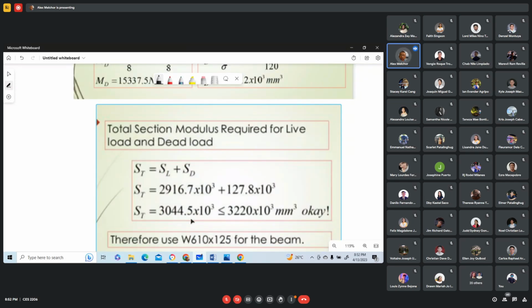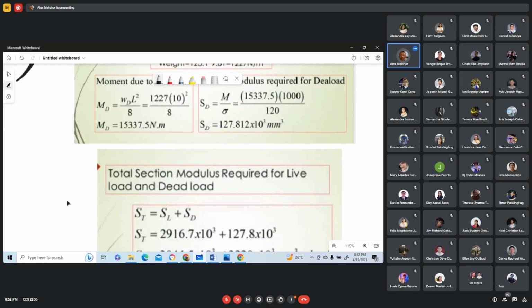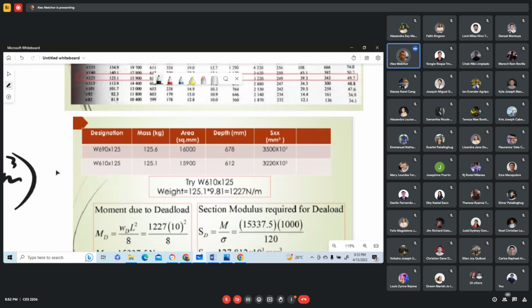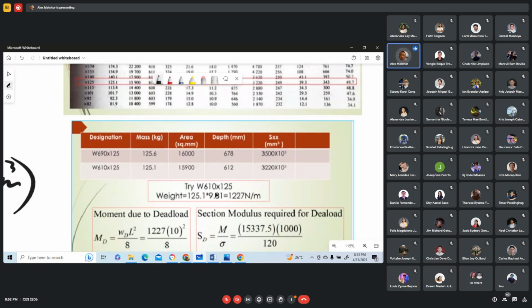If you compare this value with the section modulus of our selected section, 610 by 125, the section modulus is 3220 times 10 cubed for this designation.